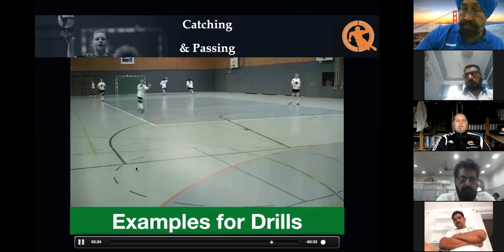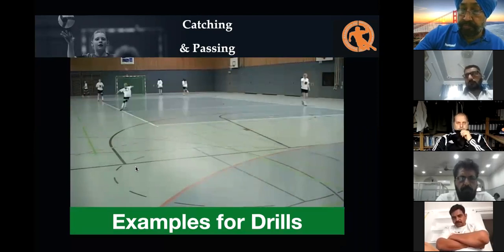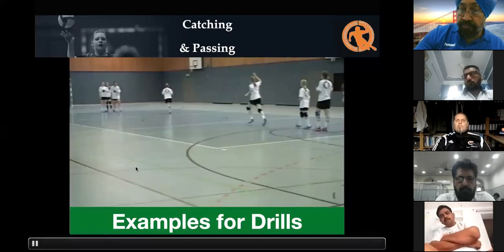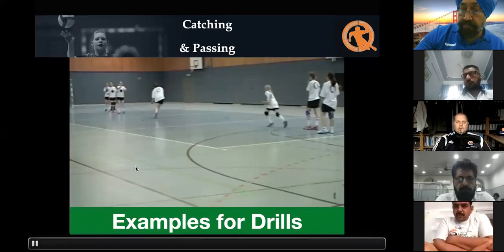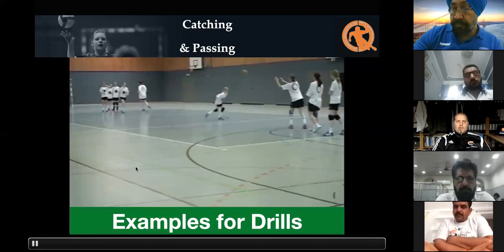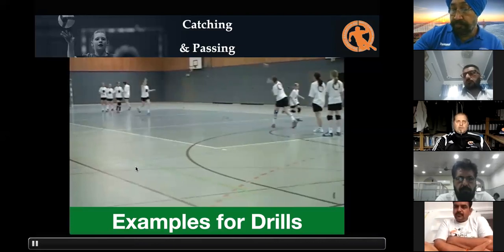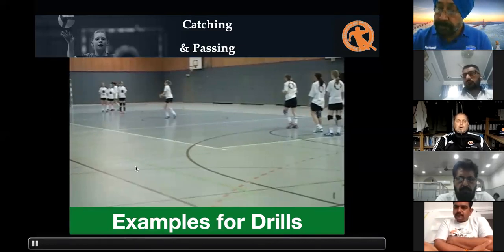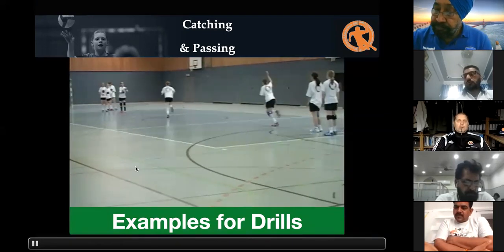Okay, now again, two groups standing face to face, but now a different rhythm of the movement. It's to run to the center, receive the ball, turn, and pass back to your own group. Now, without ball, move in.